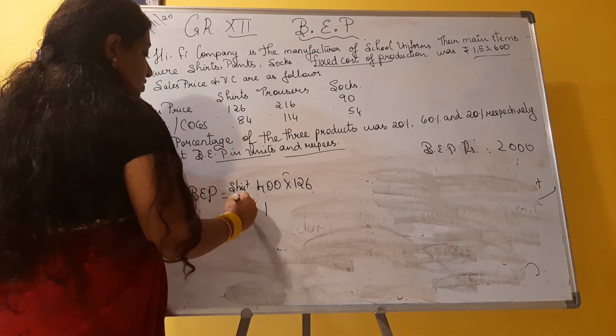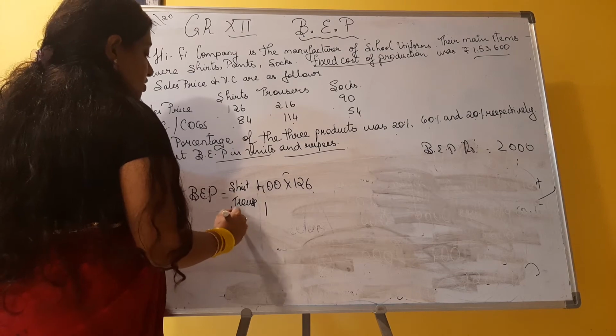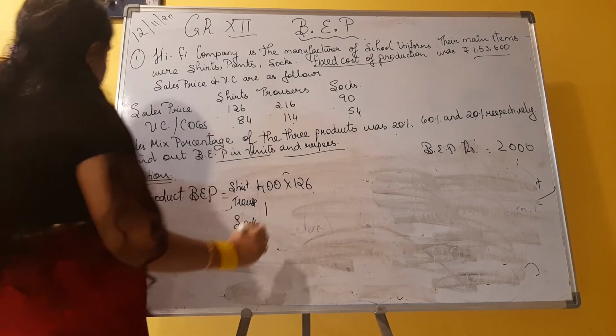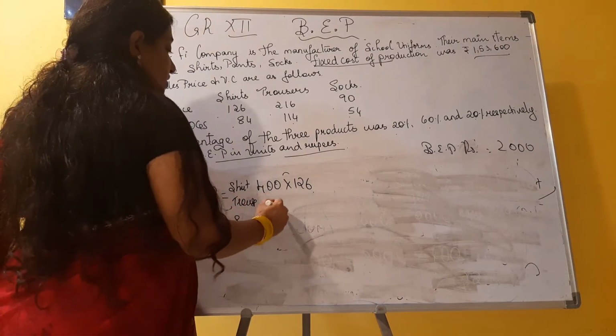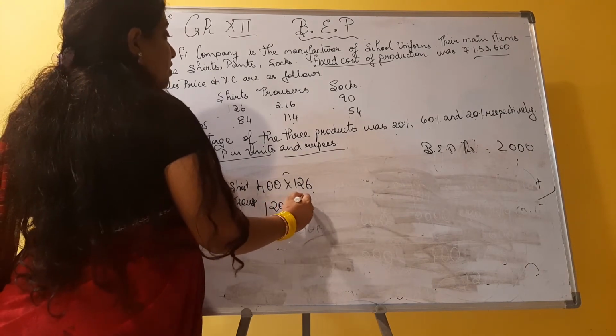Then for trousers, 1200 into 216, the selling price.